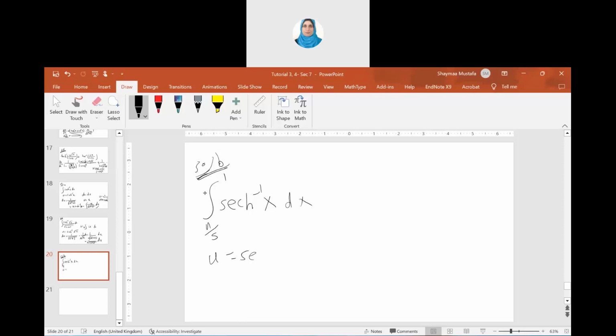Take u is equal to sec inverse x, dv is equal to dx. Then here v equal to x, and du is equal to the derivative of sec inverse. Go for the formula. Sec inverse is what?